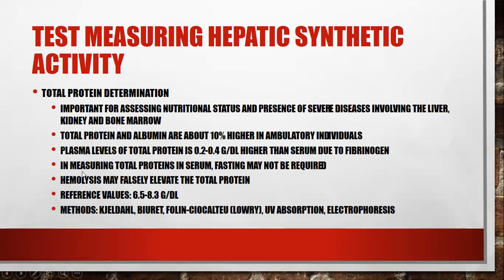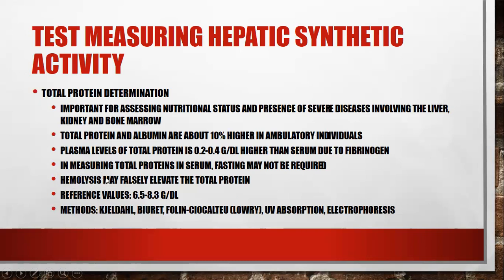Another reason why hemolysis would actually cause false elevation of total protein is that usually in the laboratory, we determine the level or the amount of protein via colorimetric method. And so your hemolysis would actually interfere, no, would actually cause increased coloration or turbidity.